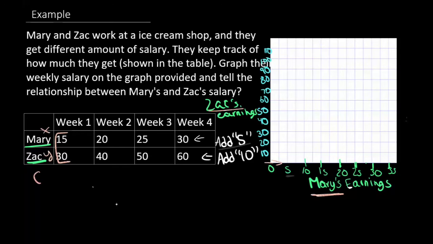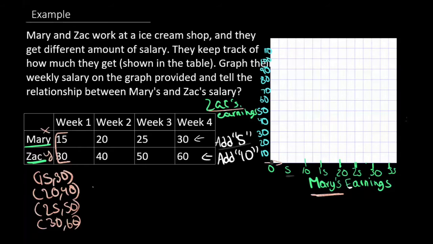So let's write that down. The first one would be 15 comma 30, then 20 comma 40, and then 25 comma 50, 30 comma 60. So those are our ordered pairs. And now all we have to do is graph it. We know that they start off with 0, 0 because you can't just start off with 15.